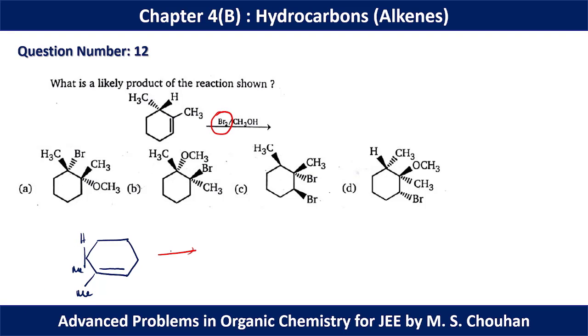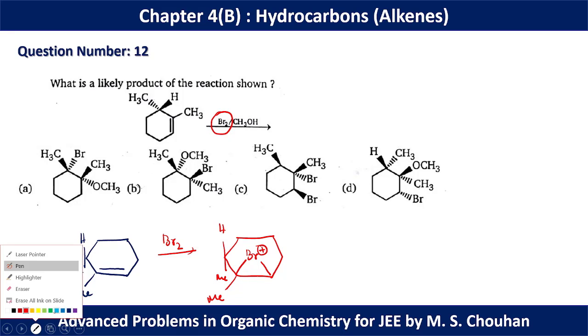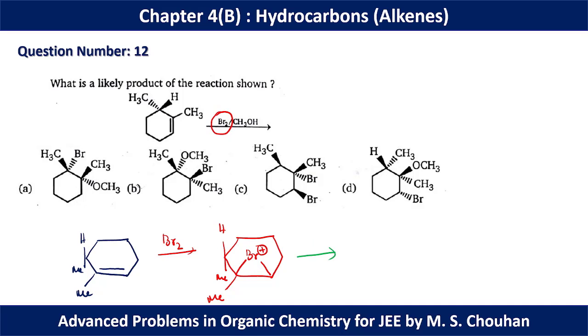So we have a cyclic bromonium ion, and due to the steric factor, formation of the cyclic bromonium ion above the plane will be much more accepted, because below the plane, due to the methyl, it is very difficult to form the bromonium ion. Bromine itself has a higher volume and methyl is also voluminous, so there will be steric hindrance.